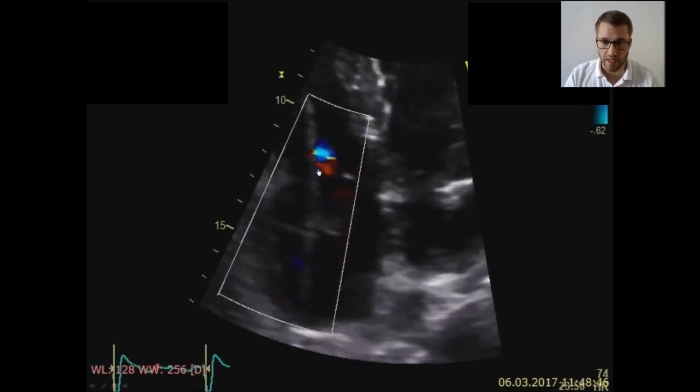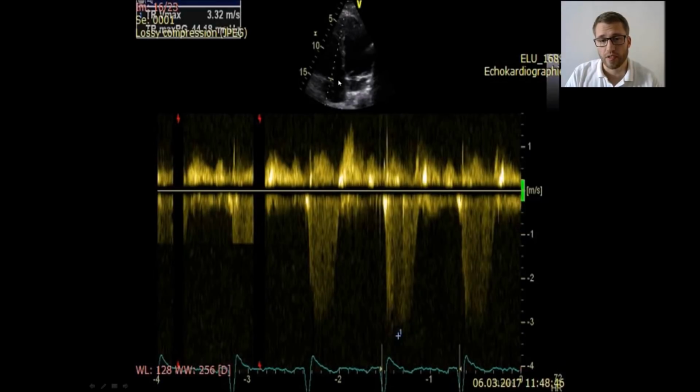There always is a little jet, but if you put a continuous wave Doppler in the jet of the tricuspid regurgitation, you see an elevated velocity over the tricuspid valve of 3.32 meters per second. Sorry about the bad quality here. It's a maximum pressure gradient over the tricuspid valve of about 44 or 45 millimeters of mercury.